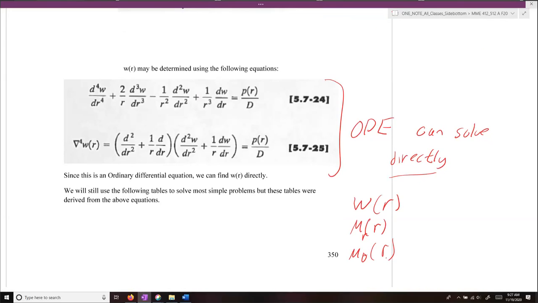Since we can determine the moment at any point, we can determine the stress at any point. So for circular plates, we can solve directly for the stress distributions and the displacement distributions using this equation, and some of the solutions for common types of plate problems are shown on the next page here.